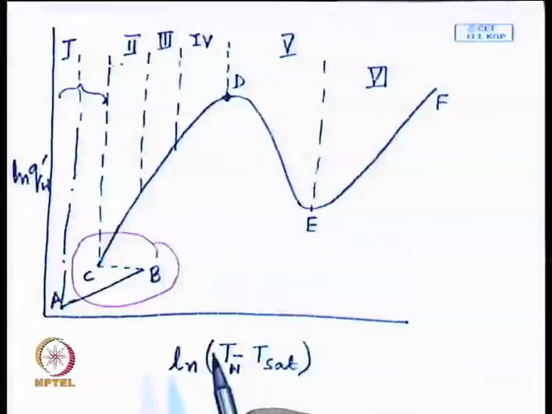So, if there is an enhanced capacity of transferring heat, what will happen? The overall effect will be an increase in the heat transfer coefficient. Now, we get this heat transfer coefficient increase in an experiment where we are controlling the wall temperature independently. So, what does it mean?